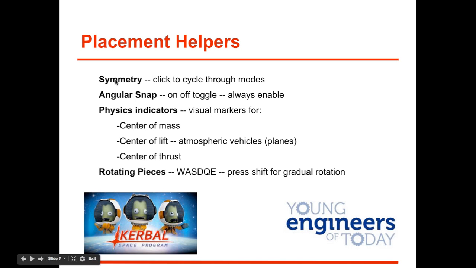We want to be really sure to have angular snap toggled on, and we can use the center of mass and center of thrust when modifying your rocket to make sure you want that center of mass in the bottom third of your rocket close to that center of thrust, which should be at the bottom. You can rotate pieces, and the symmetry mode is really key.